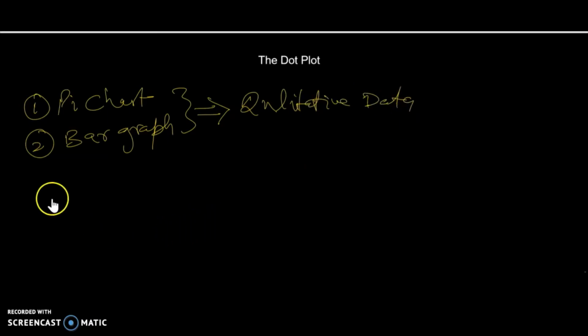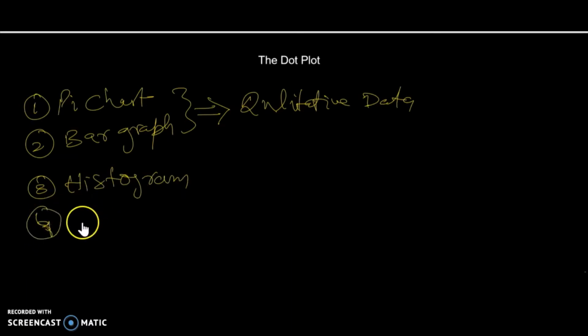Then we have seen another type of graph called a histogram. And today I'm talking about something called the dot plot.